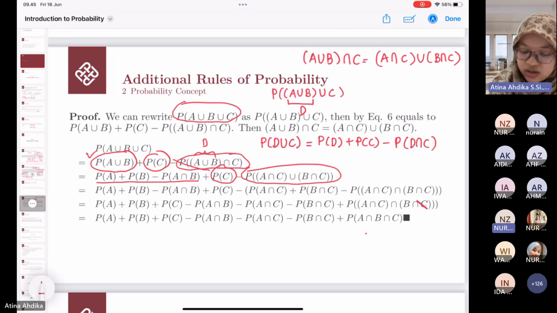Okay, so we just continue the derivation of this one because this is the union.